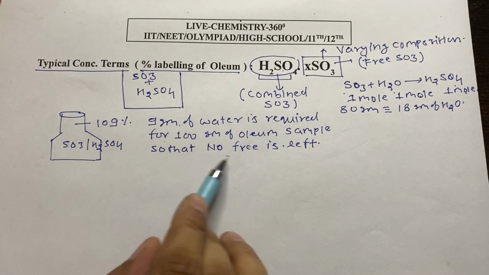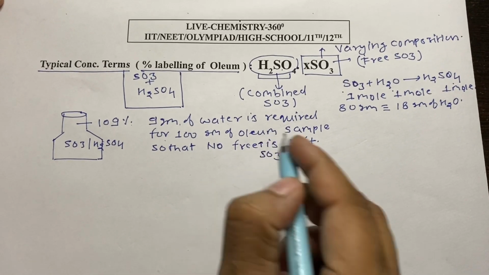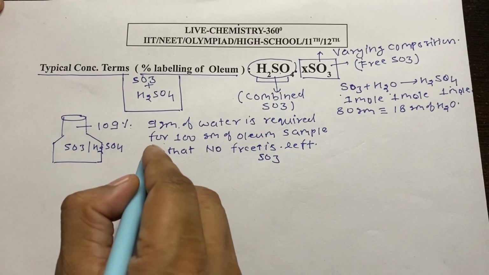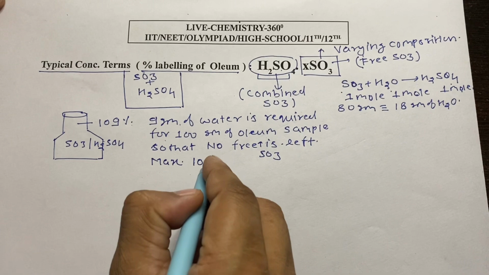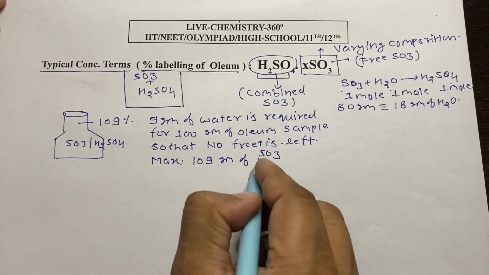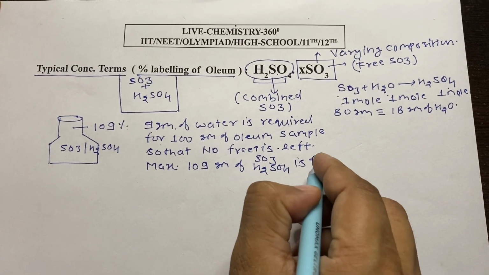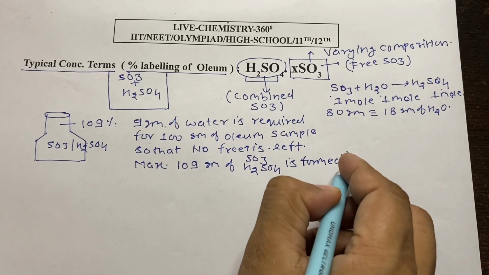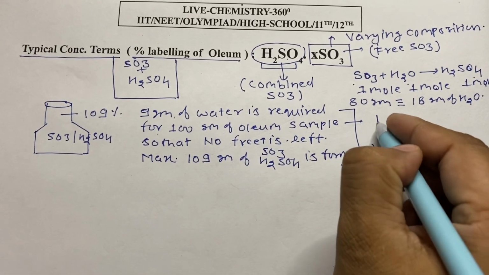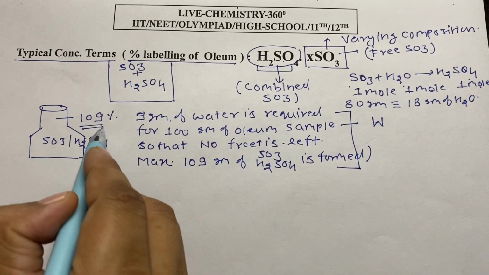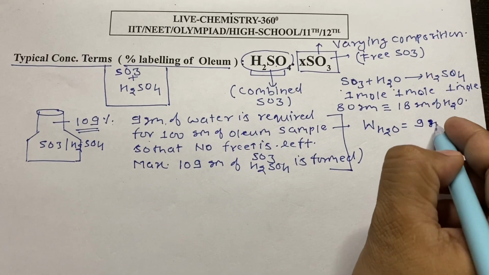So 109% labeled means 9 gram of water is required for 100 gram of oleum sample, so that no free SO3 is left and it is converted into H2SO4. We can say that a maximum of 109 gram of H2SO4 is formed, and obviously no free SO3 will be left. So for 109% labeling, the mass of water is 9 gram.